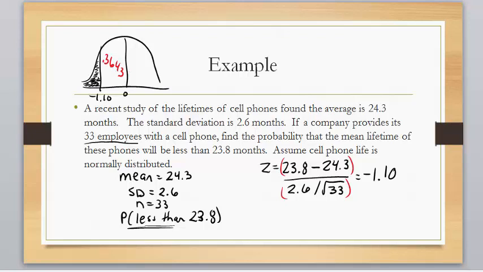So that tells me that I'm going to need to subtract that 0.3643 from something. What are we going to subtract it from? Again, there's no other number, so it has to be the 0.5, the total on the right-hand side. And so that is going to give me then a final answer of 0.1357.